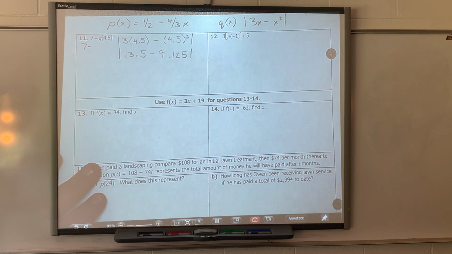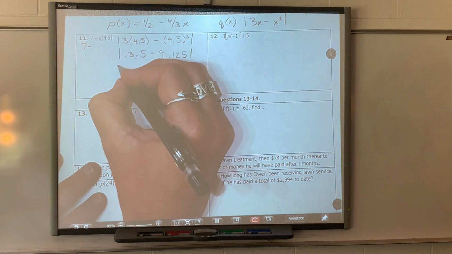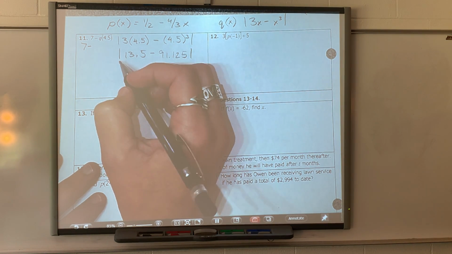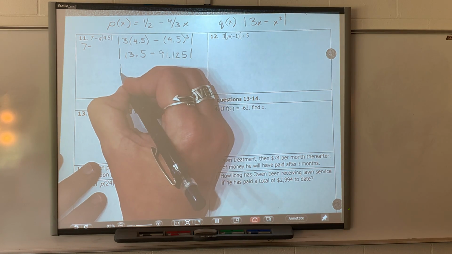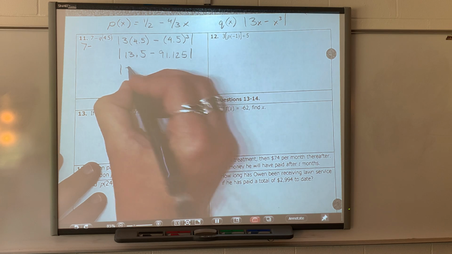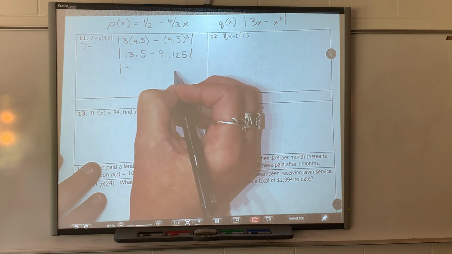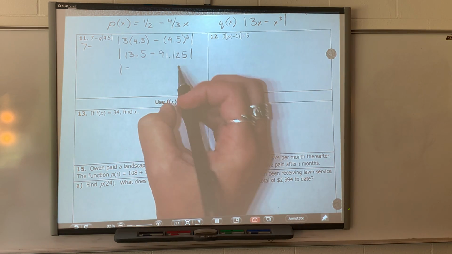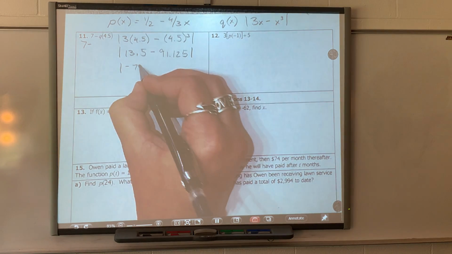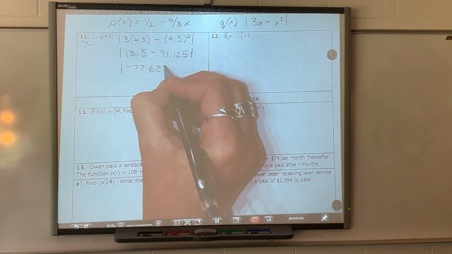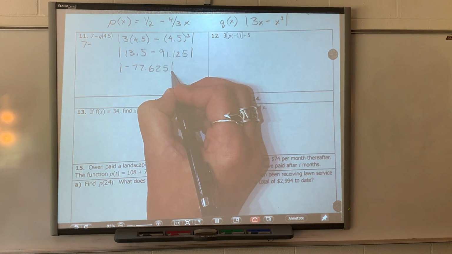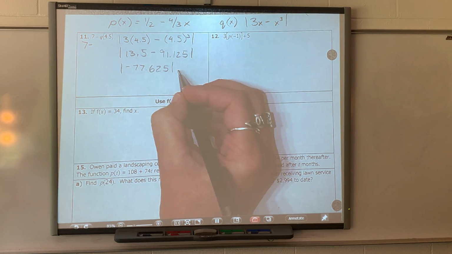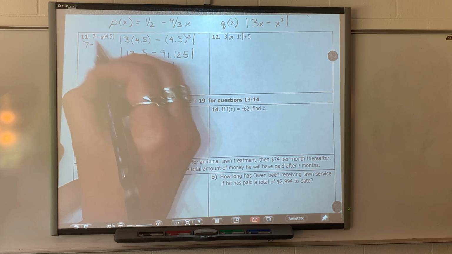Okay, so now what do I do? Subtract that. All right, so 13.5. So Bethany, put minus 91.125. She already had 13.5 in her calculator. -77.625. Okay, so now we've got this, yes? When I take the absolute value of that, it's 77.625. However, I have 7 minus, right?